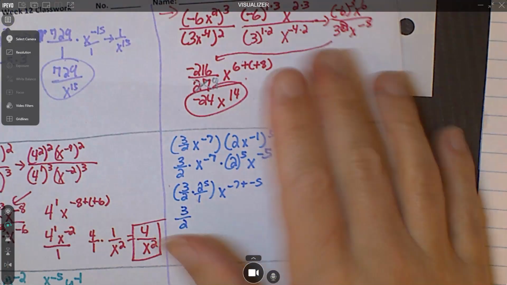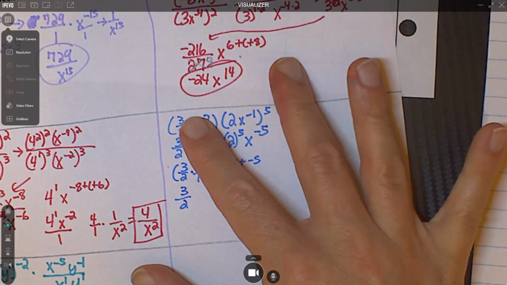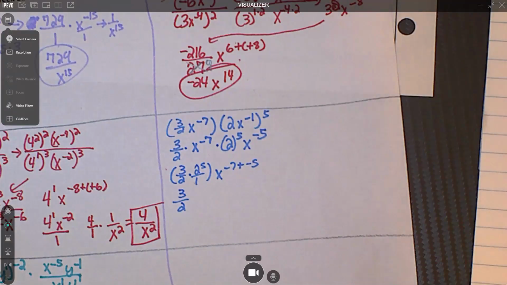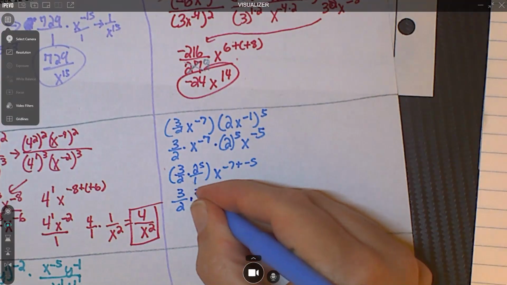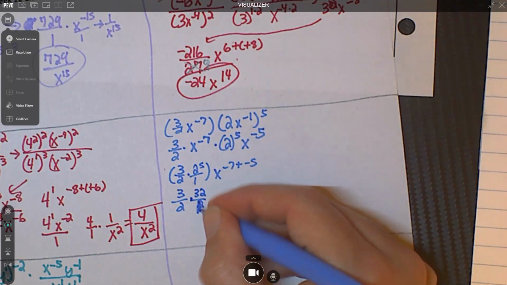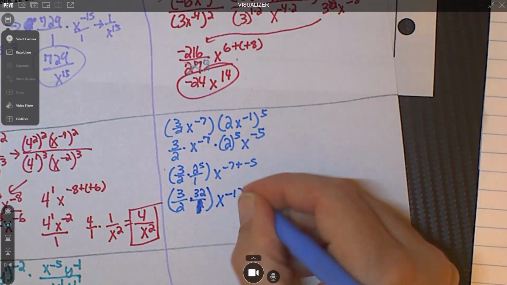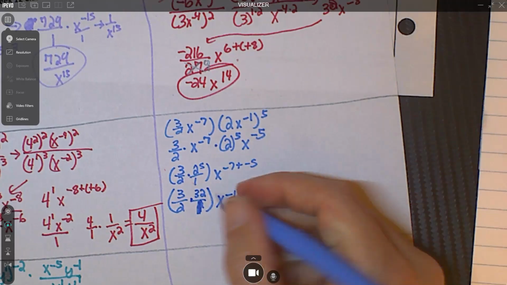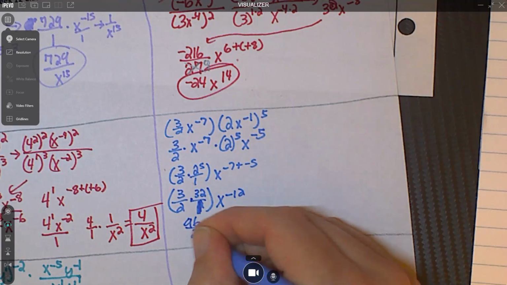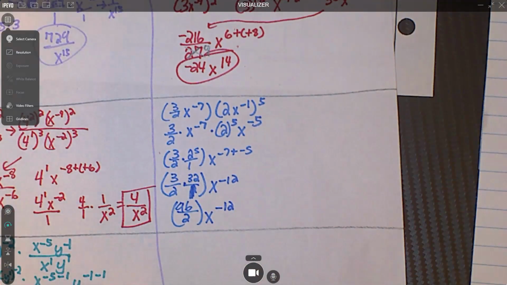Okay, I do the finger technique for 2 to the 5th. 2 times 2 is 4, times 2 is 8, times 2 is 16, times 2 is 32. And I got 96 divided by 2. 2, 4, 6, 8, 48.